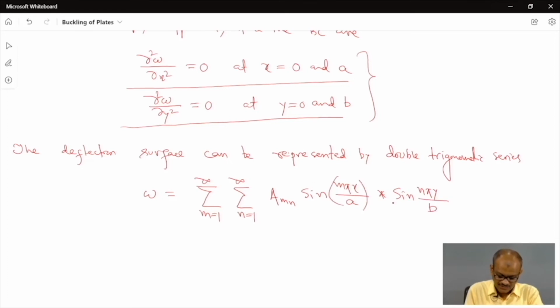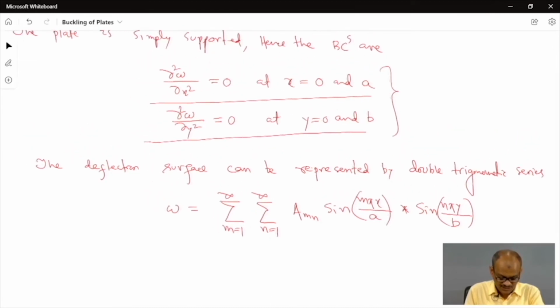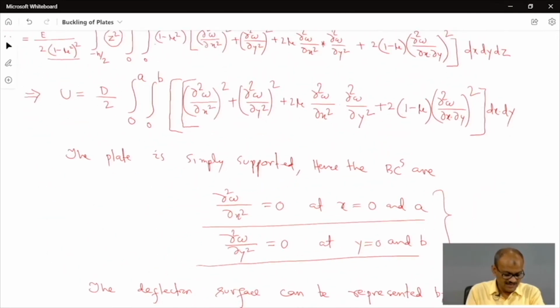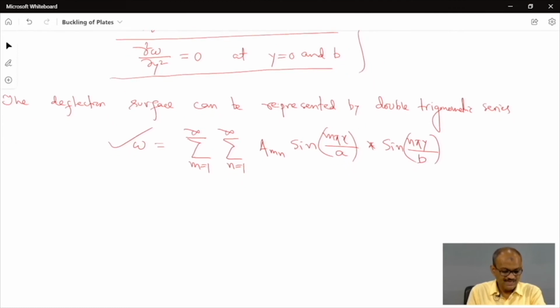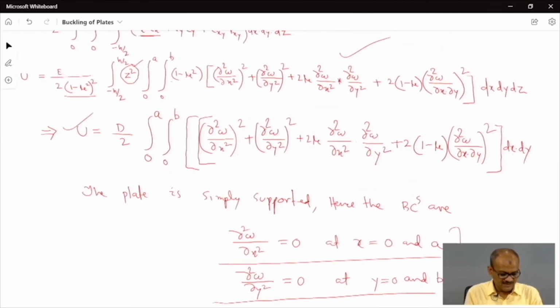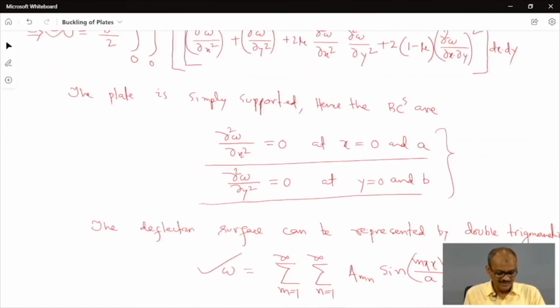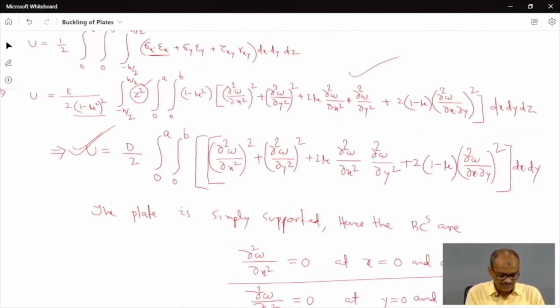We assumed the same thing earlier, and we will have to substitute this assumed deflection in the energy expression, because the energy expression has only the displacement w. We will have to integrate from 0 to a and 0 to b.